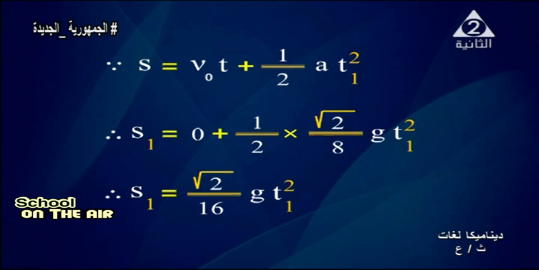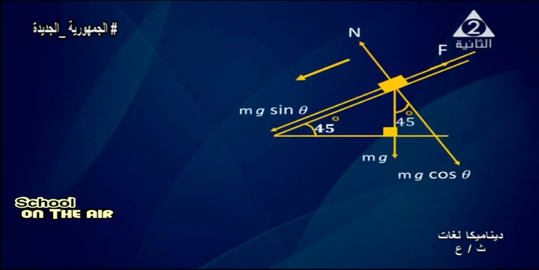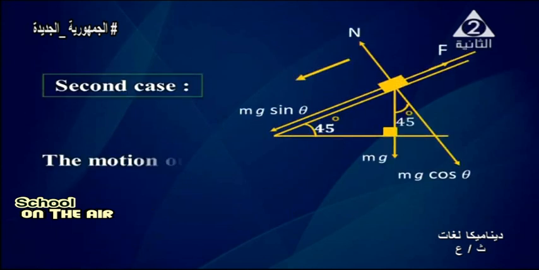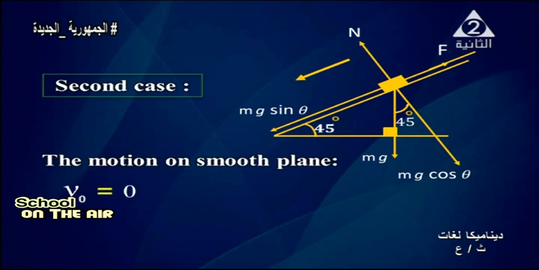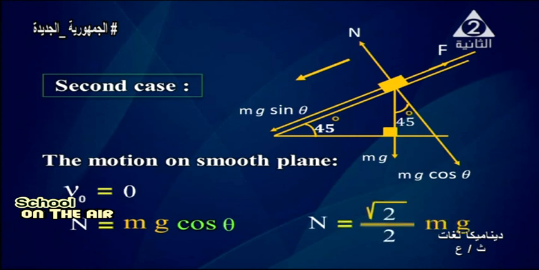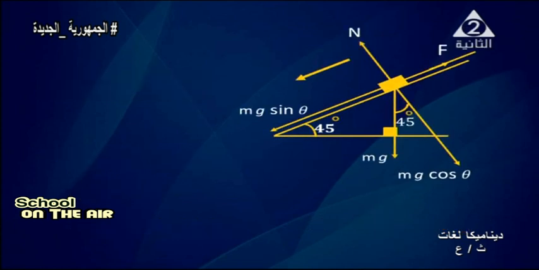The second case, the motion on the smooth inclined plane, and the initial velocity v naught equals 0, and N equals mg cosine theta, which equals root 2 over 2 mg. What is the equation of motion of the body in this case?